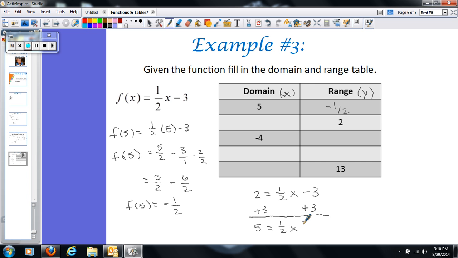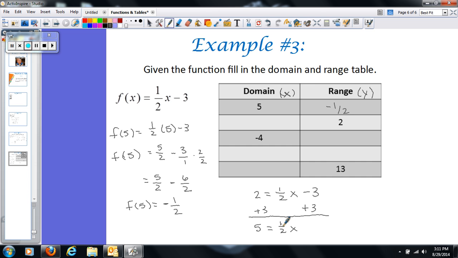Okay? Now, one phrase that you are going to very quickly learn in my class is this. Multiplying by a fraction is the same thing as dividing by the denominator. Or, the other way that it can be said is dividing by a number is the same thing as multiplying by the reciprocal.